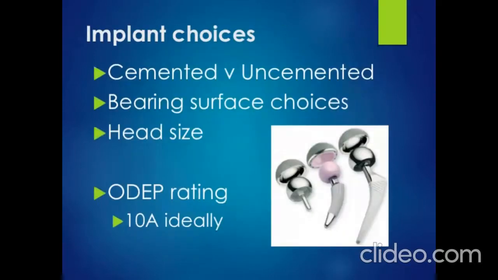You can look at these implant choices in great detail: cemented versus uncemented, and bearing surface choices, along with bigger head sizes, which reduce the risks of dislocation. You can see here again on this diagram a resurfacing, a short-stemmed hip replacement with ceramic bearings, and then a metal-on-metal hip replacement, which we wouldn't use. And again, as has been said, in the northwest of England, nobody's doing resurfacing or metal-on-metal hip replacements anymore.